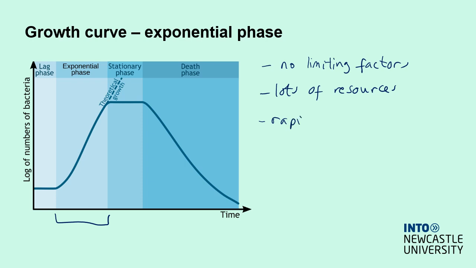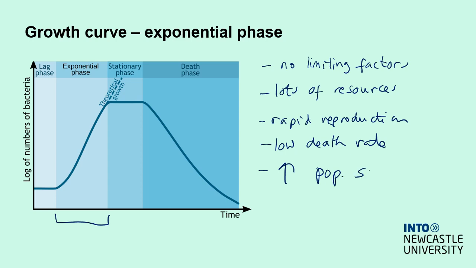Rapid reproduction because of lots of available resources. Low death rates because there's enough food for everybody, so disease rates are low and death rates are low. And this will lead to a rapid increase in population size of the organism.